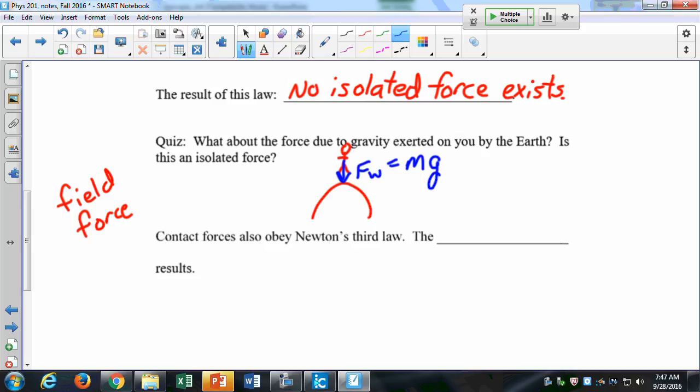So if you imagine, I'm standing here and the Earth is pulling down on me with approximately how many newtons? 700 newtons. So I have a weight of 700 newtons. I'm also pulling back on the Earth with another 700 newtons.